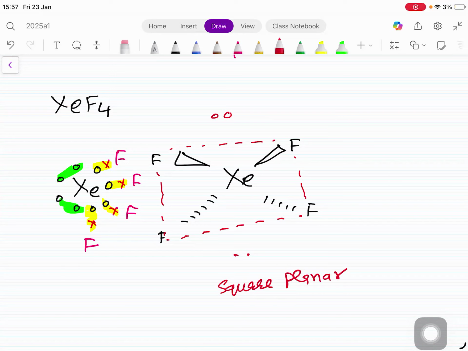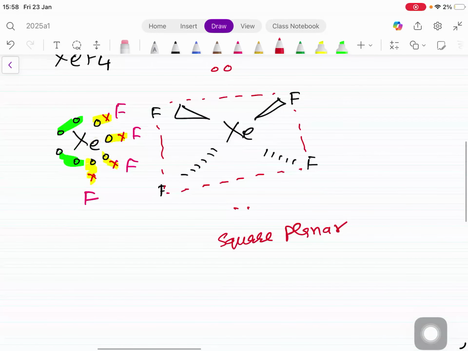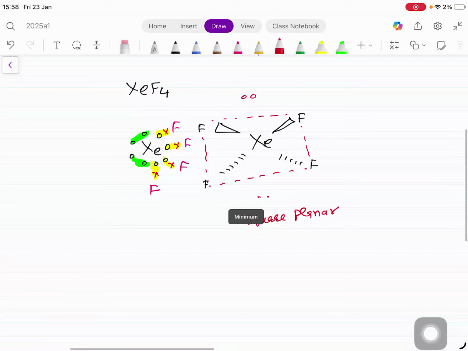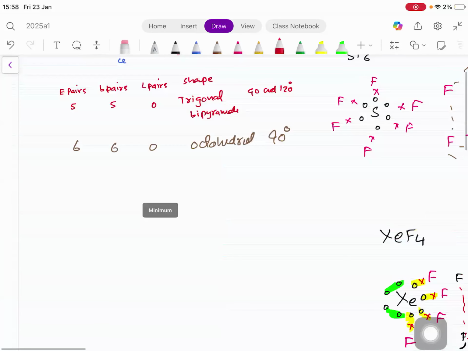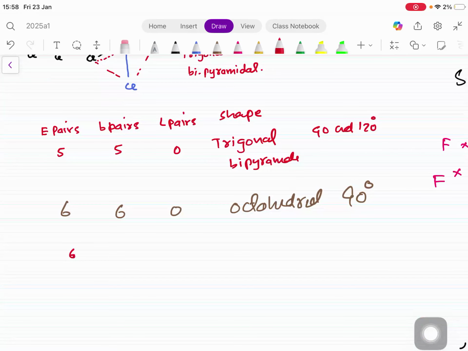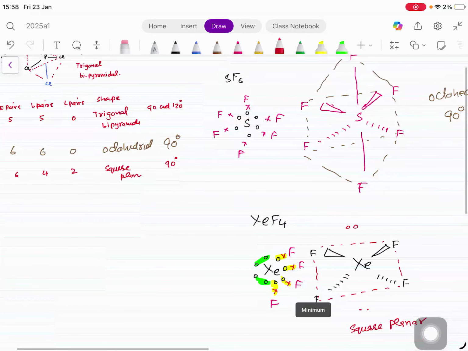The bond angle is 90 degrees, always. So this is 6 in total: 4 bond pairs, 2 lone pairs, square planar with a bond angle of 90 degrees. And the example is XeF4.